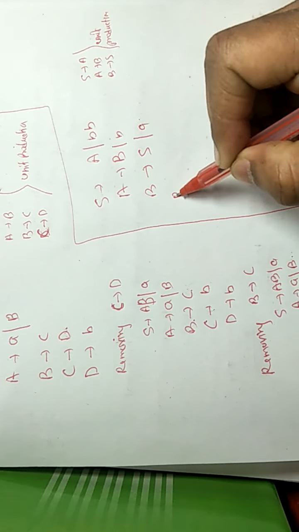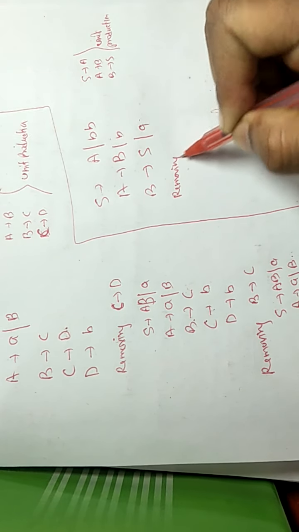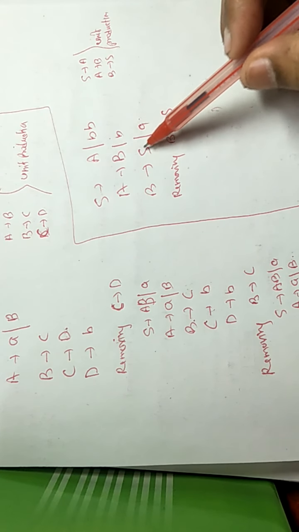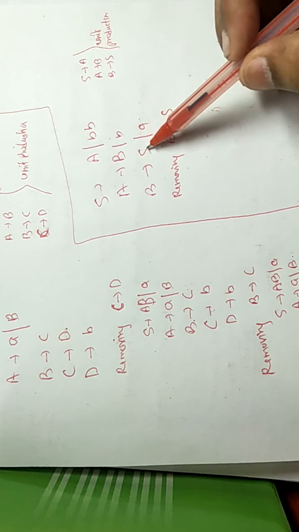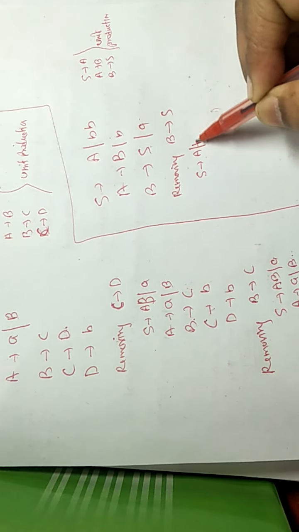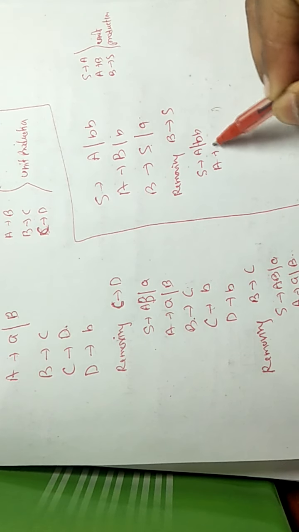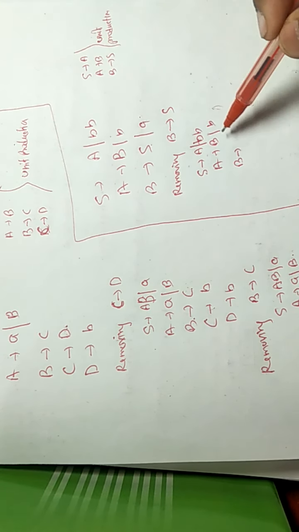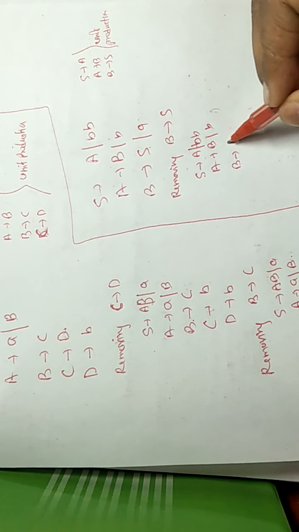So removing B tends to S. We have to put the value of S at this place. So the grammar will be S tends to A slash BB, A tends to B slash b, and B tends to, we have to put the value of S here.